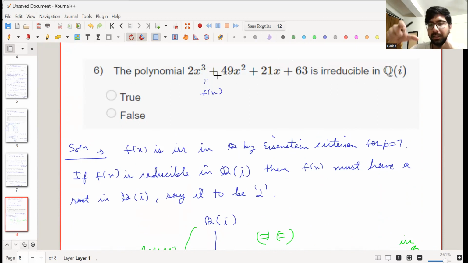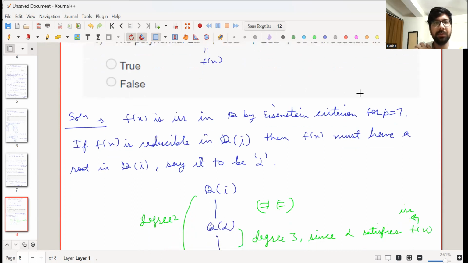Roots mean that there is an element in that field which satisfies this polynomial. For example, if instead of this polynomial you had x square plus 1, then x square plus 1 is irreducible in Q, but it is reducible in Q(i), because x square plus 1 is satisfied by i, which is in Q(i) but not in Q. So this is due to the nature of the polynomial that we are getting, that it is irreducible in Q, and we are using that irreducibility to conclude that it is irreducible in Q(i) also.